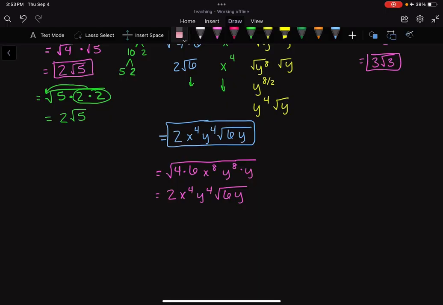Let's do some operations with radicals. So we've decided that when it comes to multiplication and division, we really don't have many rules. What if we have addition or subtraction?